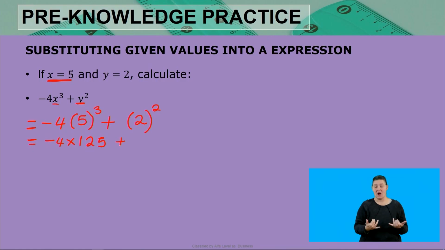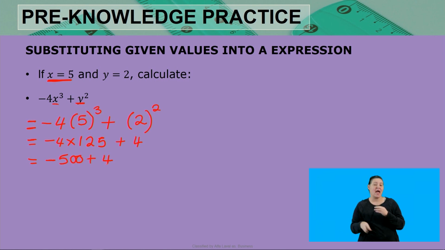Then we add this to 2 squared, and we know 2 squared is 4 because that is just 2 multiplied by 2. Now look at negative 4 multiplied by 125. Remember, we are multiplying a negative number and a positive number, so our answer is going to be negative. Negative 4 multiplied by 125 gives us negative 500.